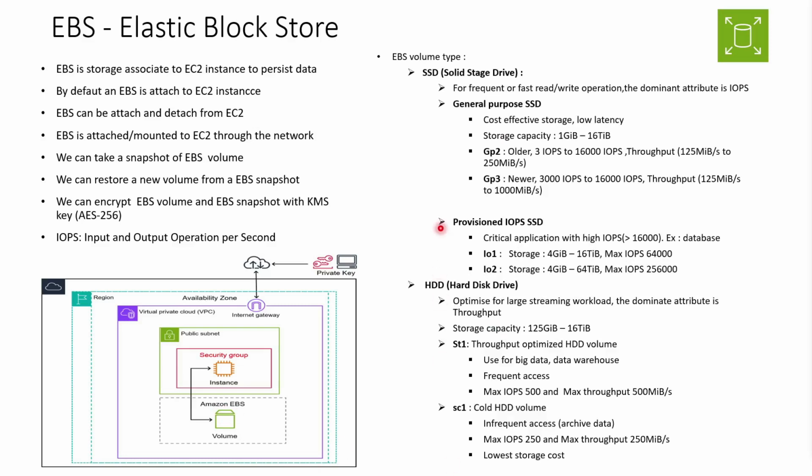We have two major types of EBS volume: SSD volume type and HDD volume type. For SSD, this type of volume is for applications that need fast read and write operations and where the dominant attribute is IOPS.